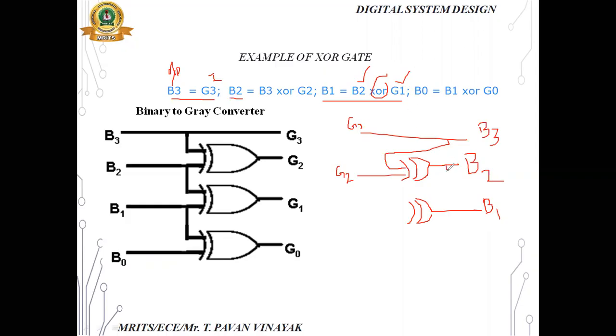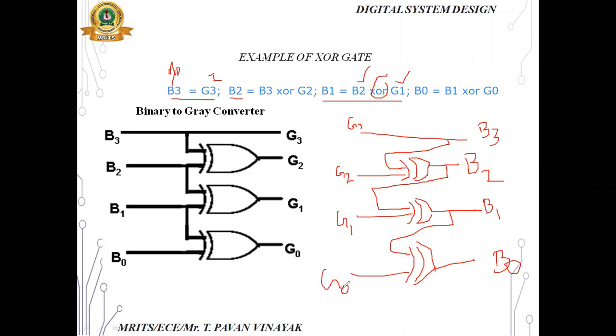B2 is available here, and then G1. Next, take one more XOR. The output is B0. So inputs B1 and G0.